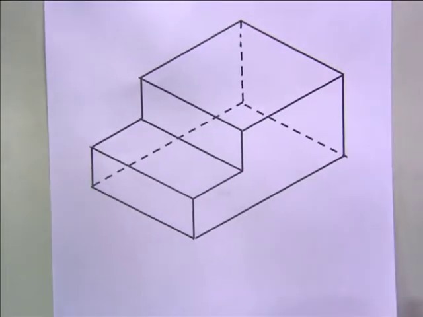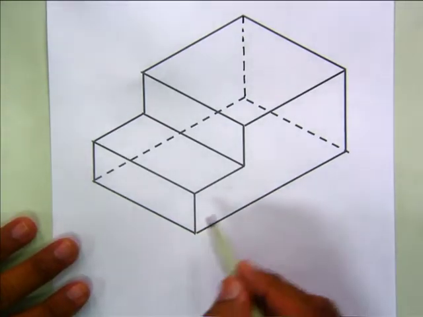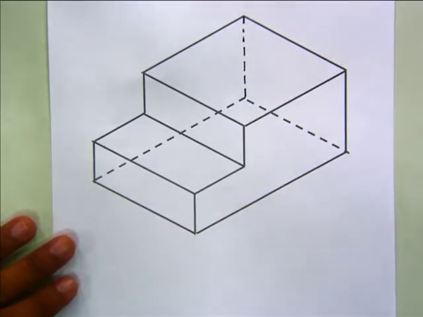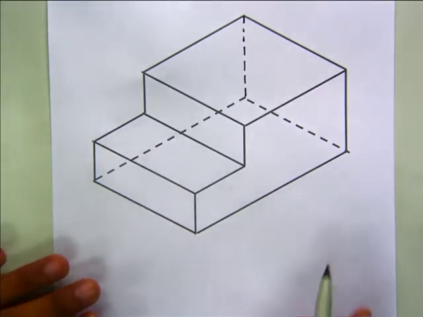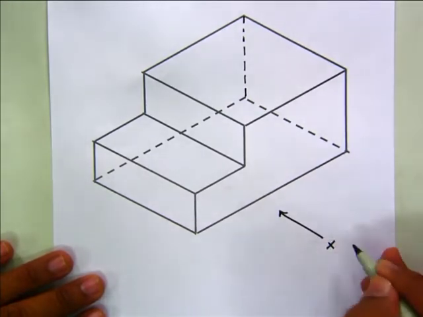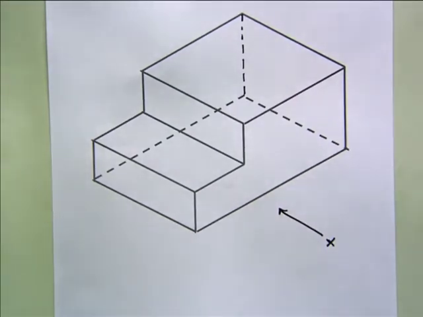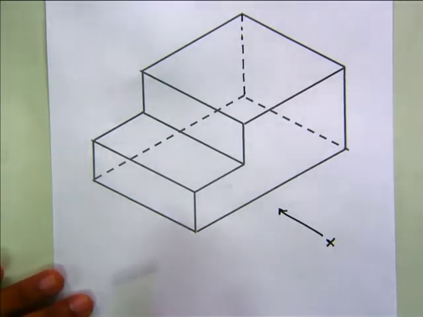Let us have this problem. One figure is given. Suppose we are viewing from this direction X. When we are viewing from this direction X, what can we see?